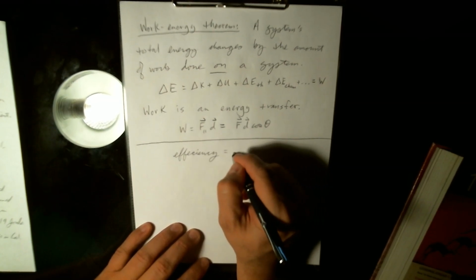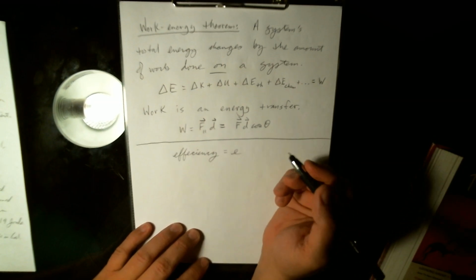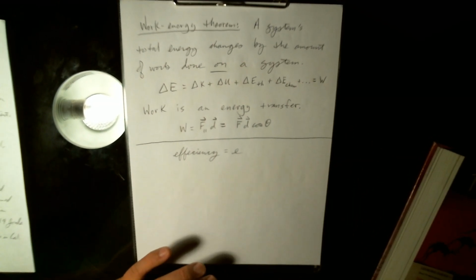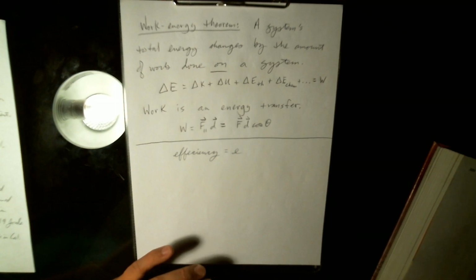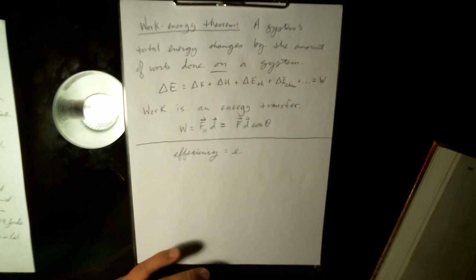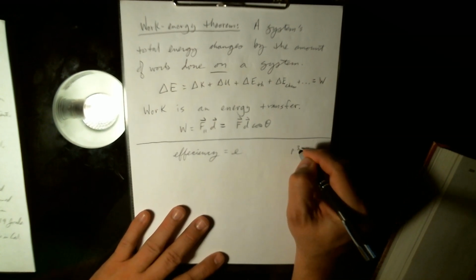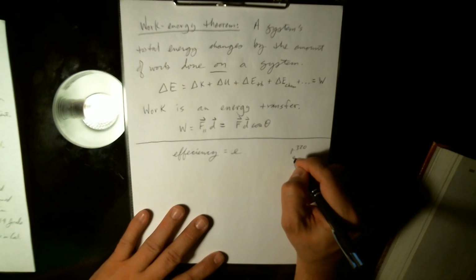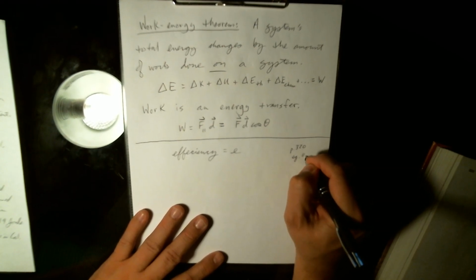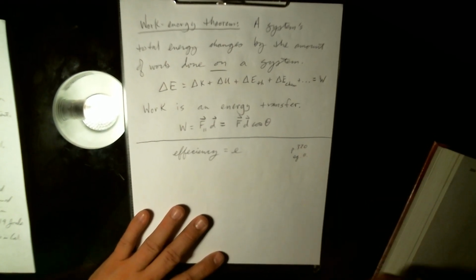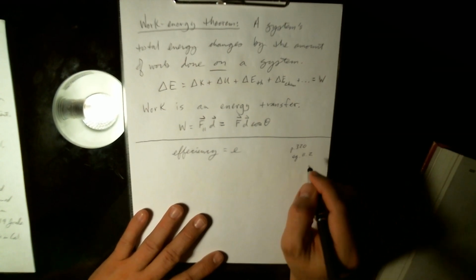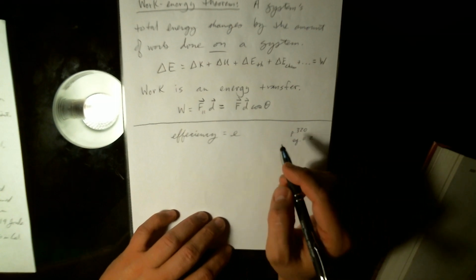Efficiency, the symbol for it is like a little lowercase e. I can't make it like it does in your book. If you look in your book on page 320, equation 11.2, starting to get dark in here. So 11.2. Then you will see that symbol.